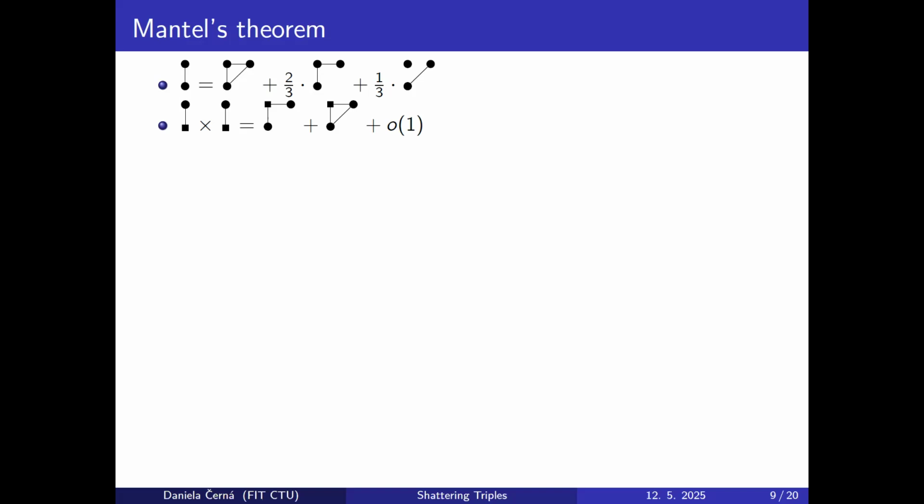So it will be the probability of cherry with the middle vertex being V and the density of the triangle with one vertex chosen as V.